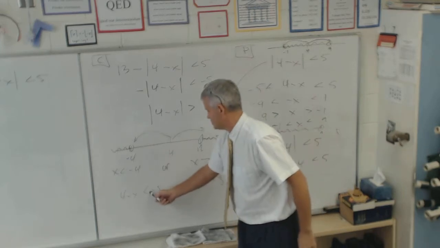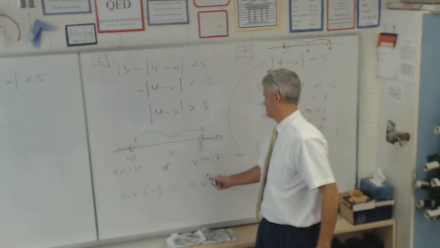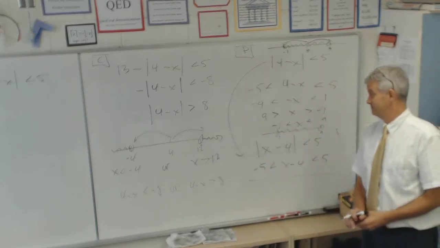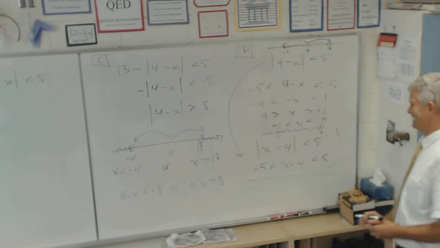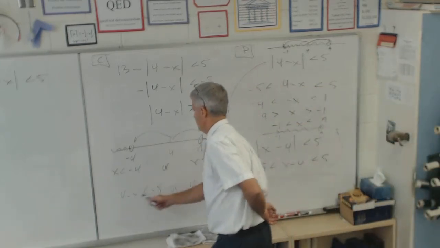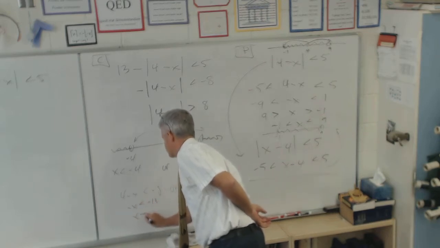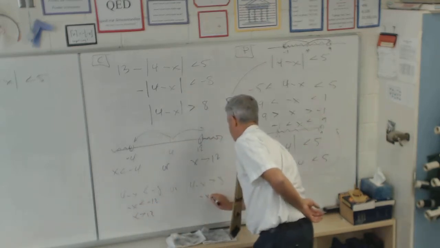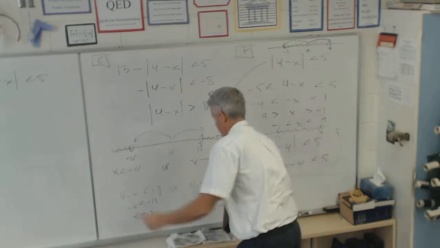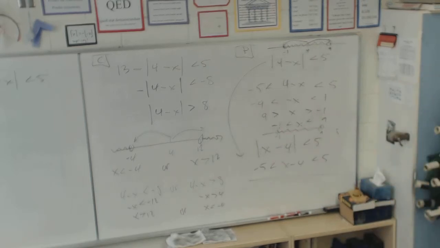And when you solve this one, we get -x is less than -12, so x is greater than 12, and -x is greater than 4, so x is less than -4. Backwards from each other, but we get the same answer.